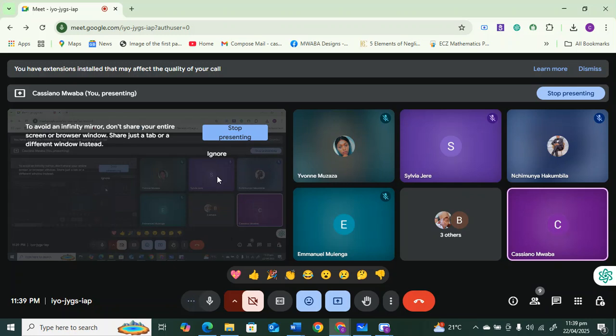Okay, the first step of the hypothesis test is you form your null and your alternative hypothesis. Colleagues, what is a null hypothesis?